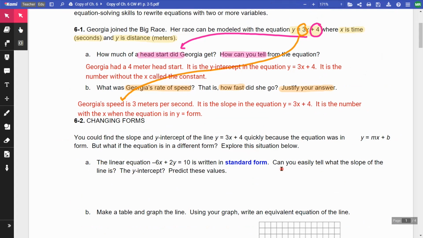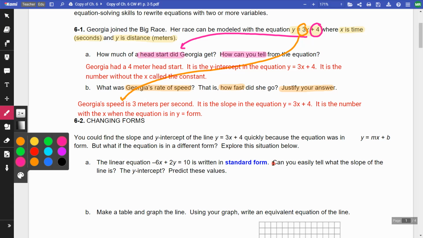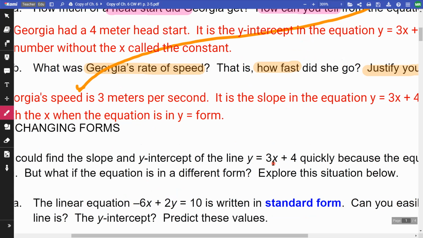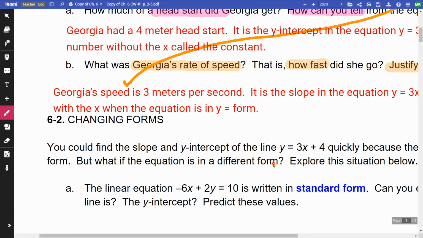Predict these values. So a fast note here, okay? I talked earlier up here about the form that we call slope-intercept form. So I'm just going to rewrite that. When we have y equal mx plus b, that is called slope-intercept form, okay?